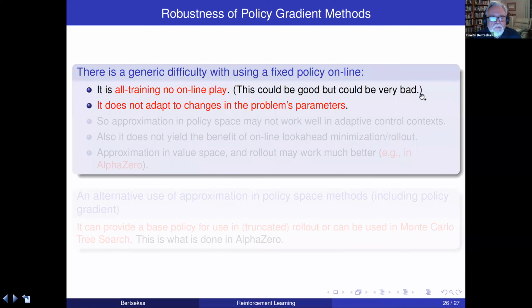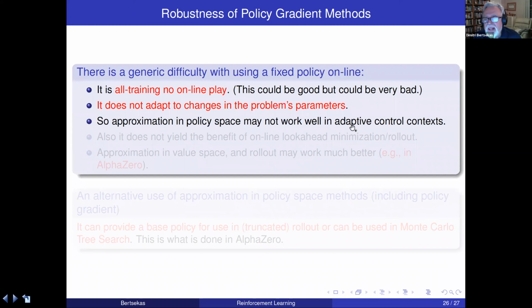For example, this type of policy gradient method, if you take the result and apply it on your system, has no way to adapt to changes in the system's parameters. In other words, it may be good for the parameters that it has seen, but once the problem's parameters change, then it's lost. It doesn't do sensible things necessarily.